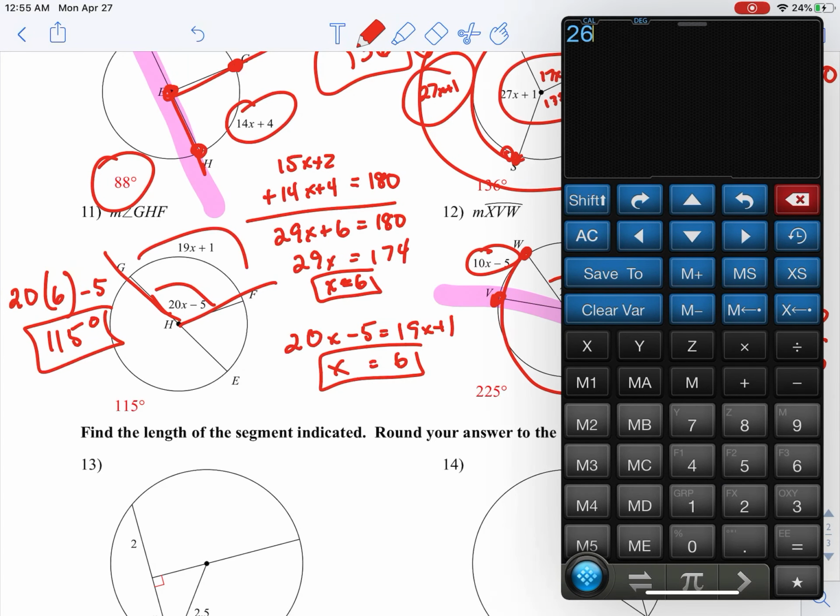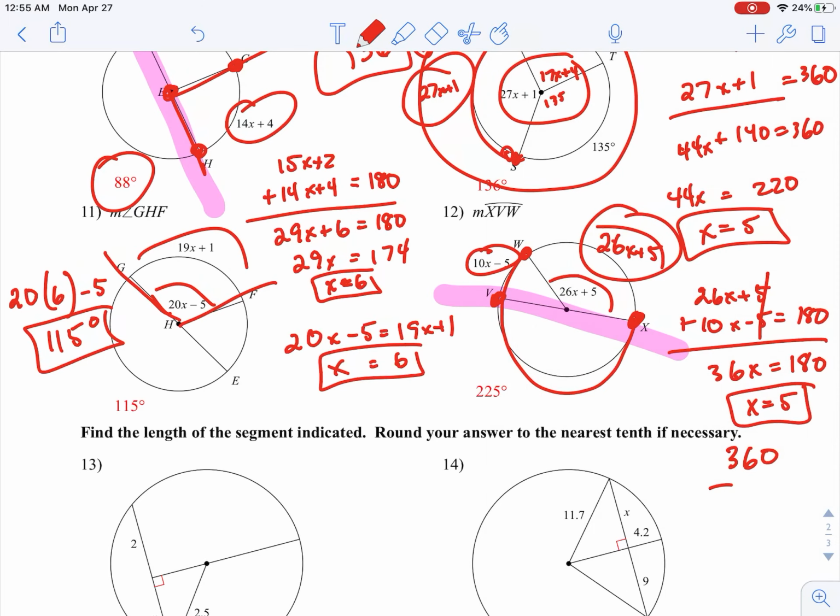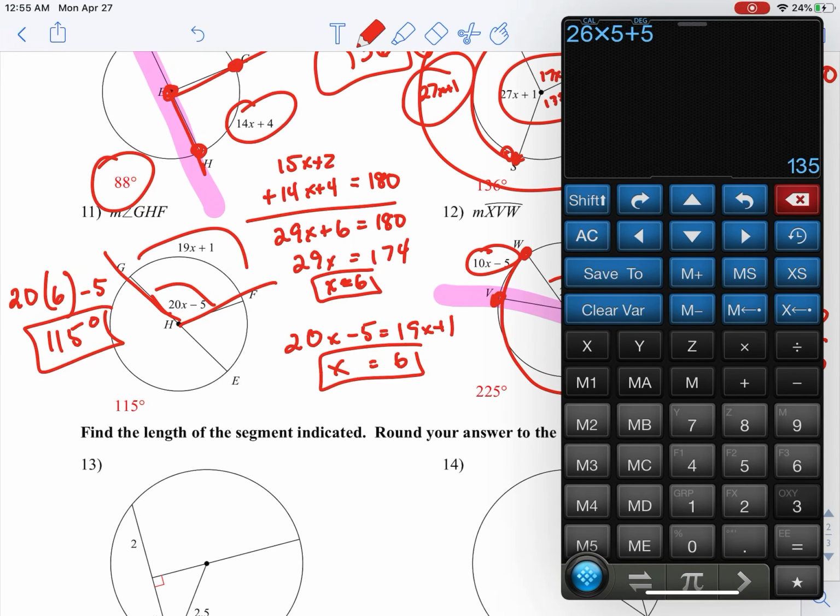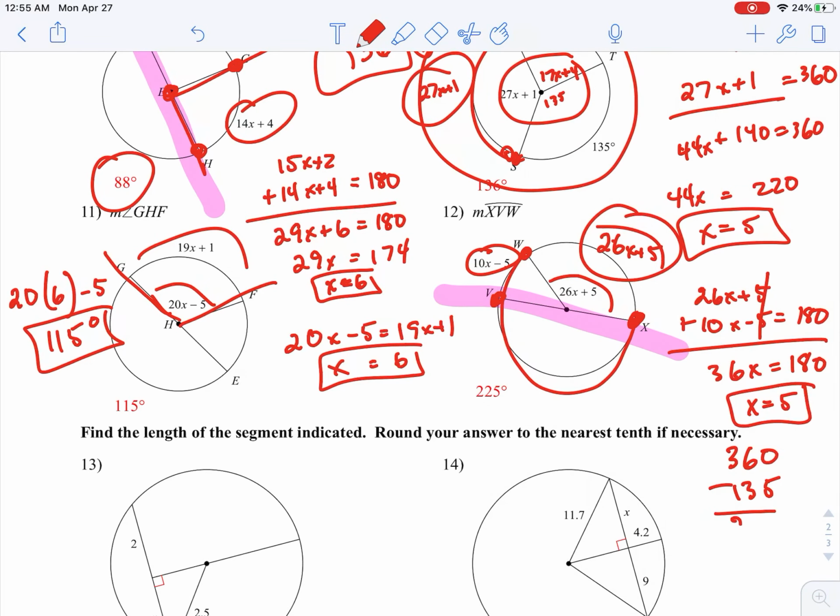So 26 times 5 plus 5, 135. And I'm going to do 360 minus 135. Oops, how about I subtract correctly? 225. That's the right answer.